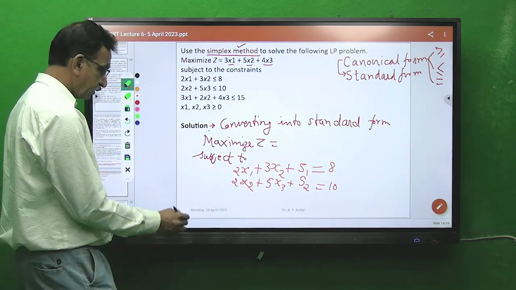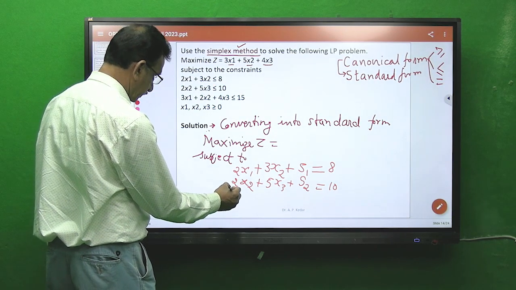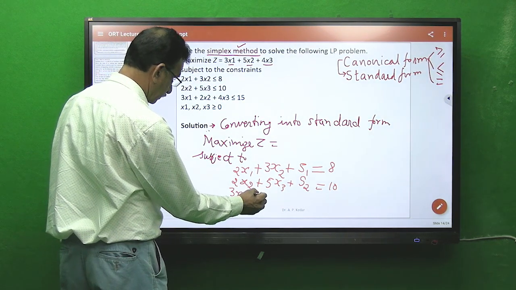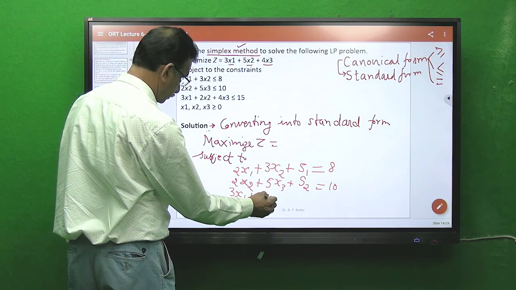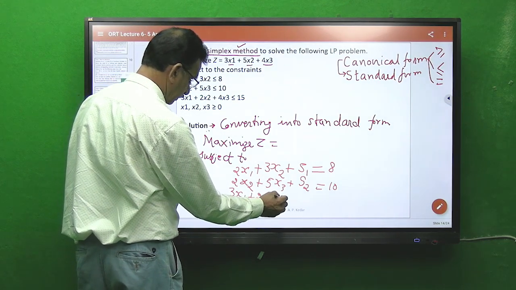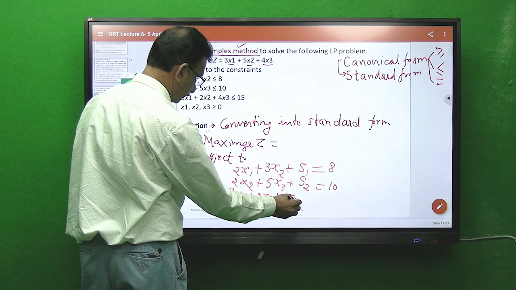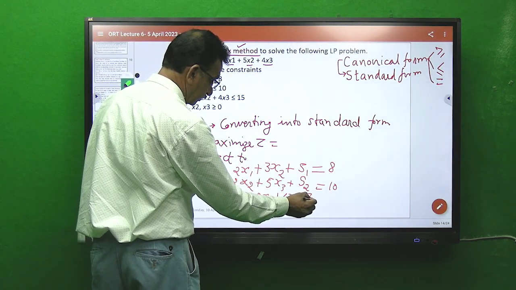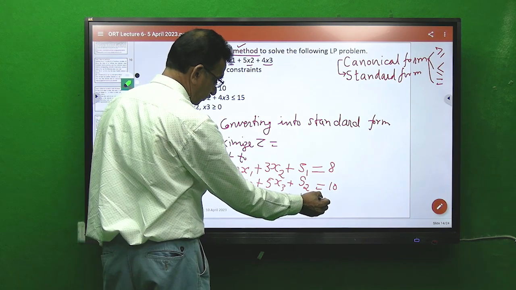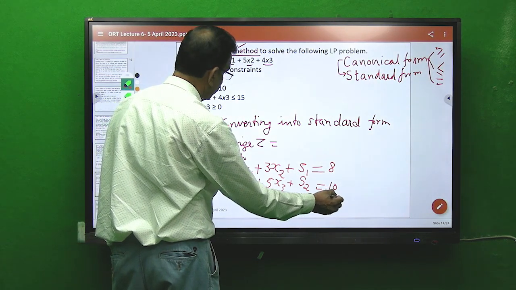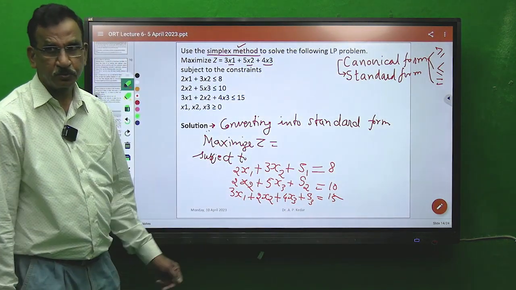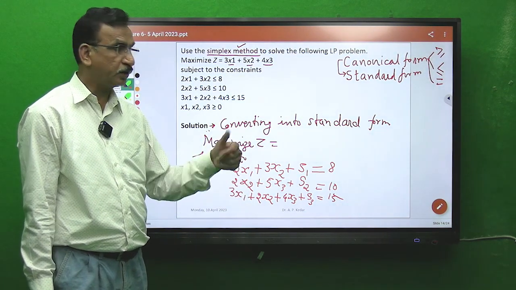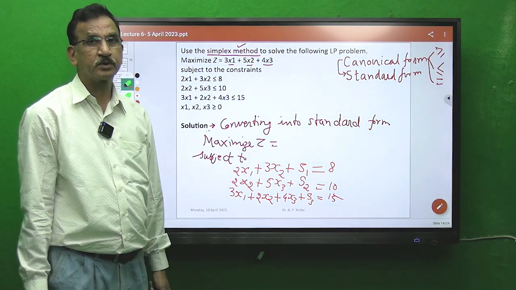In the same fashion, third equation will be 3x1 plus 2x2 plus 4x3. Again slack, so add S3, which is equal to 15. So these are the three equations now in standard form, which earlier were in this inequation, that is canonical form.